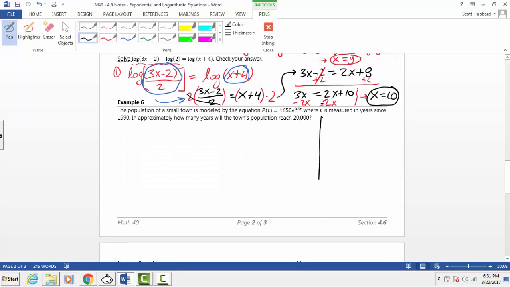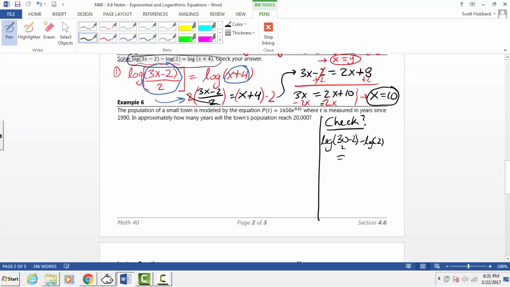And let me just show you how you can check really quick here. I would just go back to the beginning, to the very beginning, and just start plugging in. So that would be log of 30 minus 2 minus log 2.